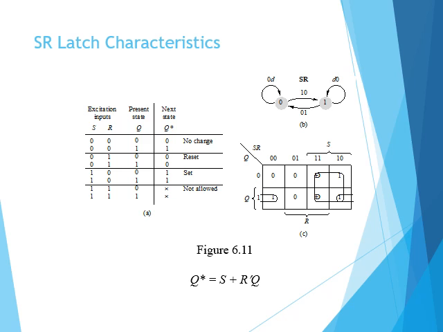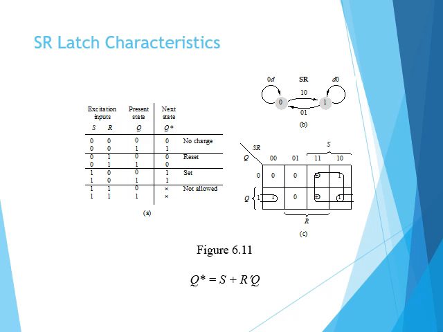Finally, we have the final expression of the SR latch. To derive the final expression from the truth table, we take the truth table of the SR latch and draw it on a K-map. K-map implementation is done here, and after that we derive the final expression.